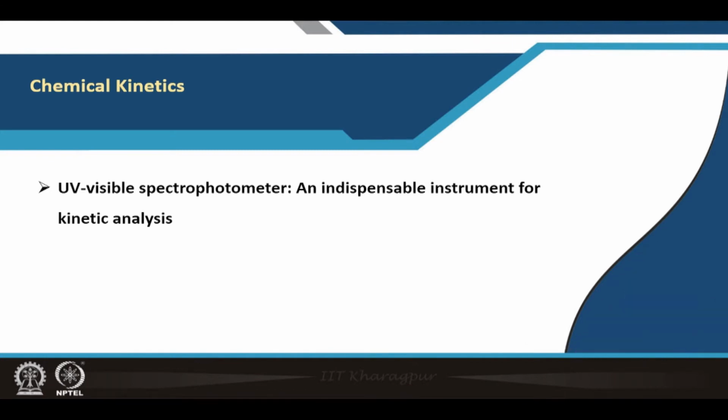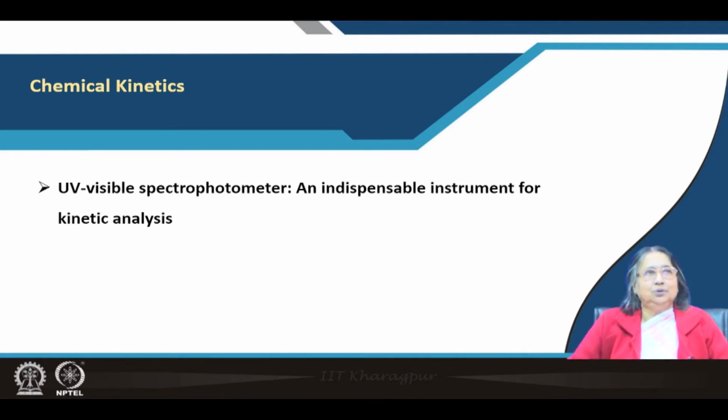Okay. And you know that the UV-visible spectrophotometer is a very common and cheap instrument, which is present in every lab, research lab, and MSc or MTech lab. It is a very useful instrument.